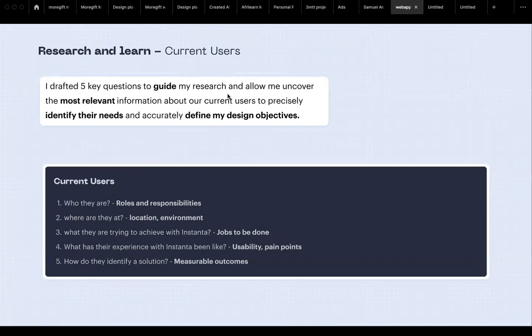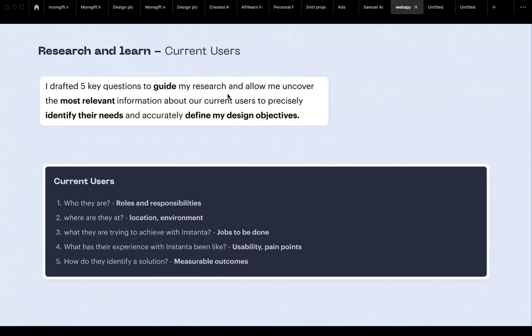All right. So the first thing I did after getting my goal set, I had to draft questions, because let me tell you something about research. The success of your qualitative research is based on 2 things: your ability to ask the right question, and your ability to be able to listen.